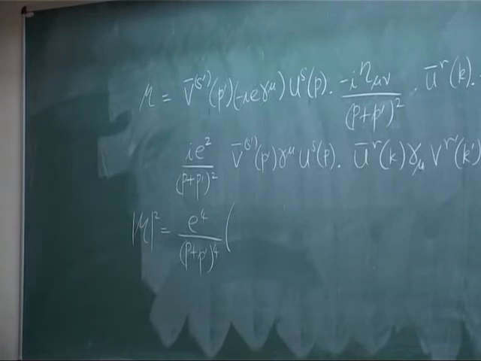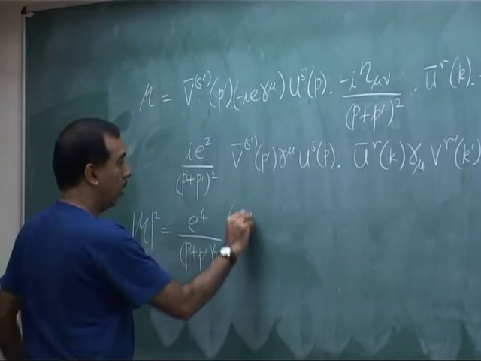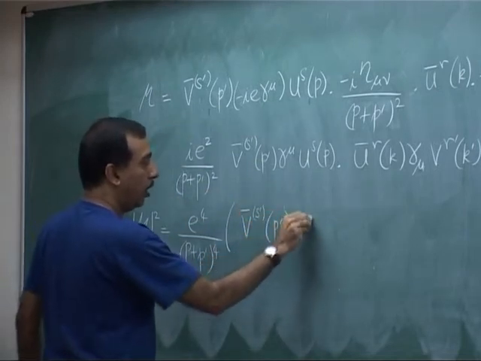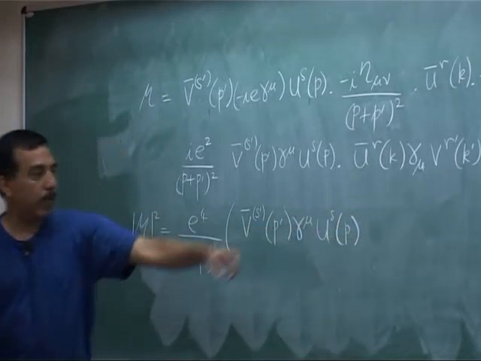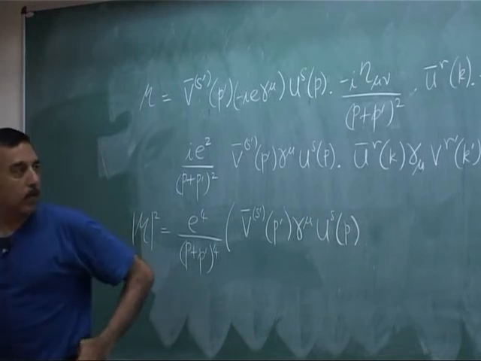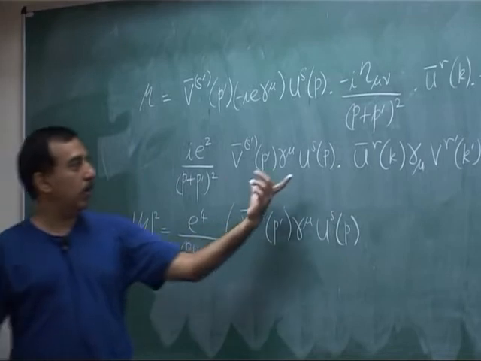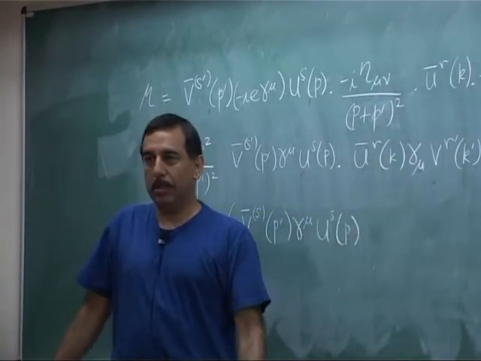V bar S prime. So this one, what I'll do is I'll take this one, write it as V bar S prime P prime gamma mu u S of P, and then I'll multiply it now by its own complex conjugate, because I'm trying to mod square this. This I've already squared. Now I'll take this times its own conjugate and then this times its own complex conjugate.